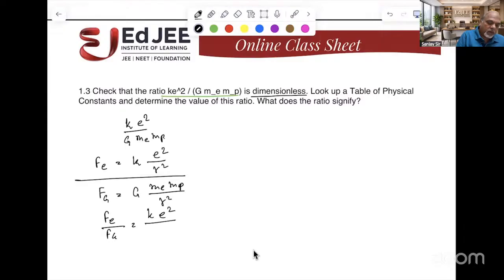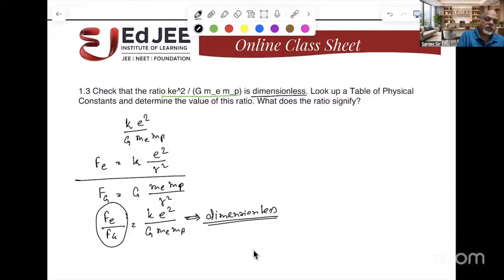K e square upon G m_e m_p. Since this is the ratio of the forces, this has to be dimensionless. I hope clear. Correct.